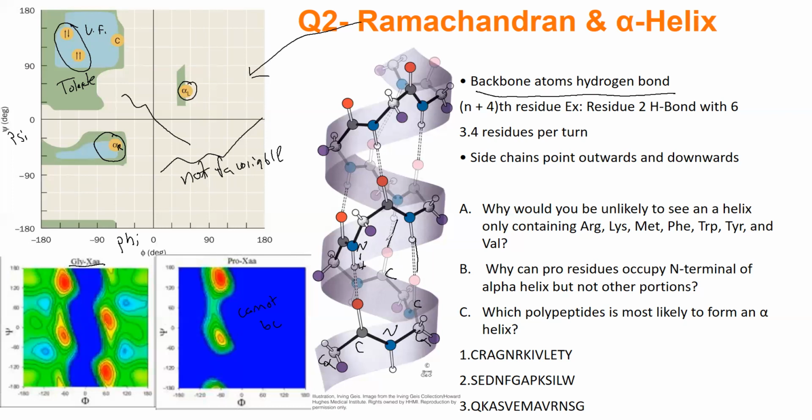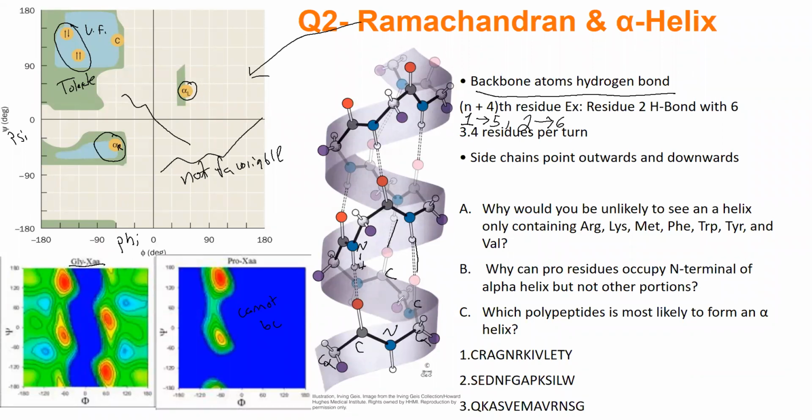So what an alpha helix is, it's a ribbon held together by backbone hydrogen bonds. And you hydrogen bond the N+4th residue. So if I'm residue 1, my N+4th is residue 5, so I have a hydrogen bond with residue 5. If I'm residue 2, I'm with 6. 3 with 7, so on and so forth.